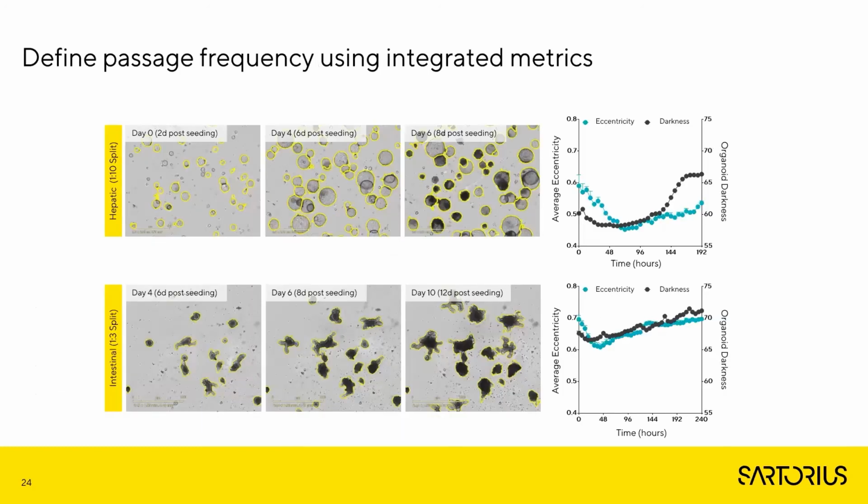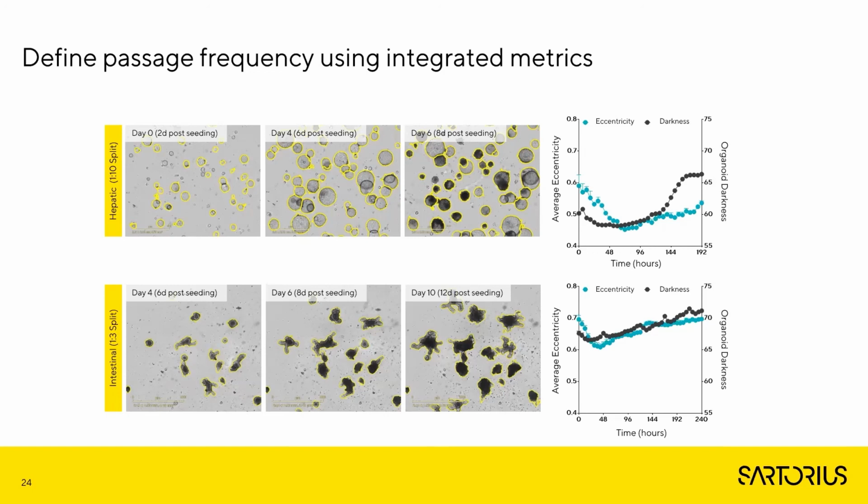The passage frequency of cultures often relies on an expert eye of a limited number of experienced users accurately documenting their observations. Now, making this a more objective approach avoids the need for extensive training and ensures consistent, unbiased, non-operator-dependent regimes.